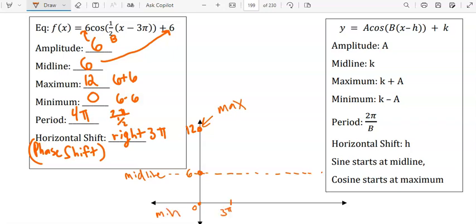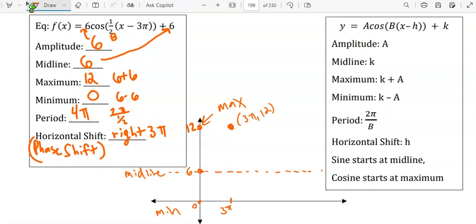And we shift right 3 pi, so that is going to be where our maximum is. Let's label the x-axis in terms of pi. So 0 pi, 1 pi, 2 pi, 3 pi, and then 4 pi, 5 pi, 6 pi, and so on.